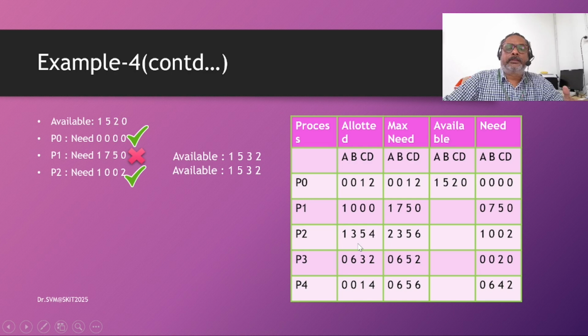So after P2 completes, 1354 gets released, 1 gets added to A, so it becomes 2, 3 added to B, 5 plus 3 is 8, and 5 added to C, 3 plus 5 is 8, and 4 is added to D, 2 plus 4 is 6. So now we have 2, 8, 8, 6 resources available of A, B, C and D respectively.